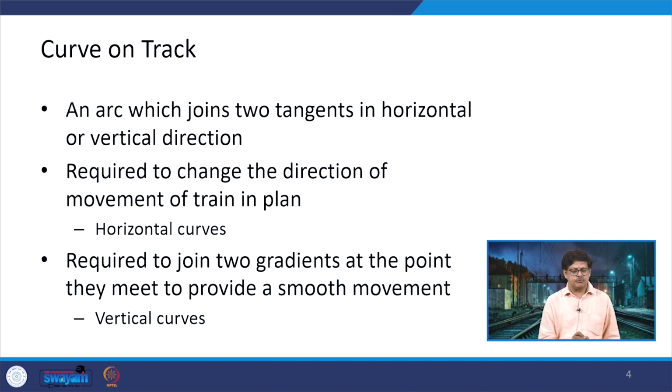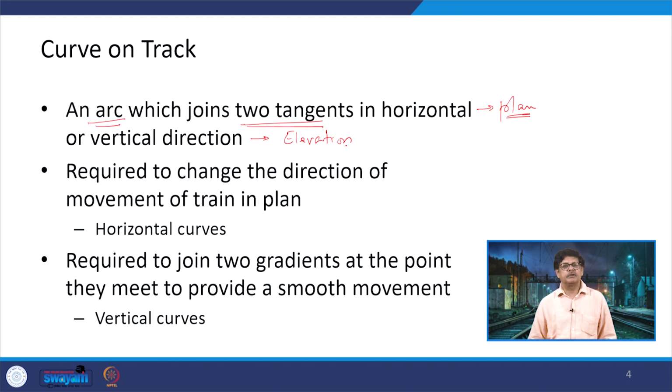Now, what is a curve? It is an arc which joins two tangents either in the horizontal direction or in the vertical direction. That means we may be talking about the plan of the profile, or we may be talking about the elevation of the profile.